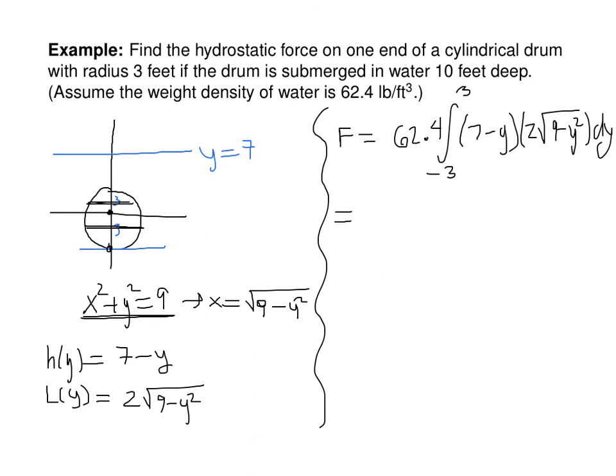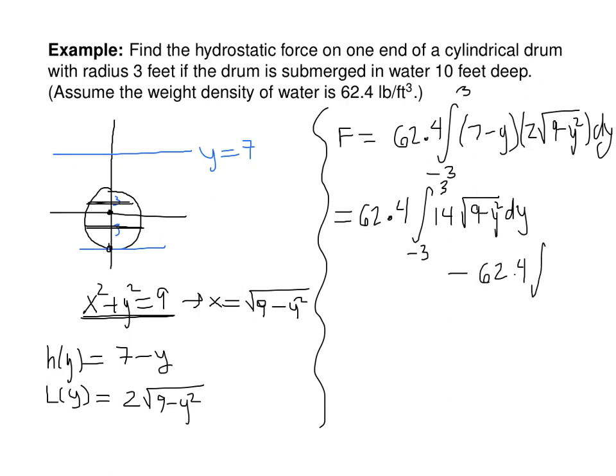And to figure this out, we'll break it into two integrals. We have 62.4 times the integral from -3 to 3 of 14 roots of 9 minus y squared dy, minus 62.4 times the integral from -3 to 3 of y root 9 minus y squared dy. Because of symmetry, this second integral is 0.